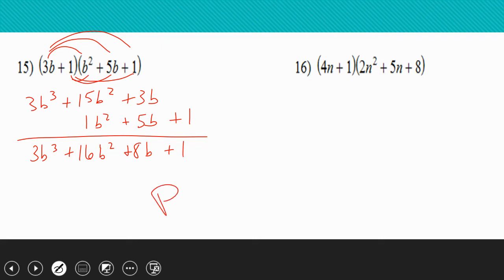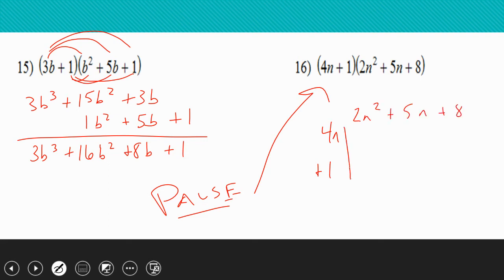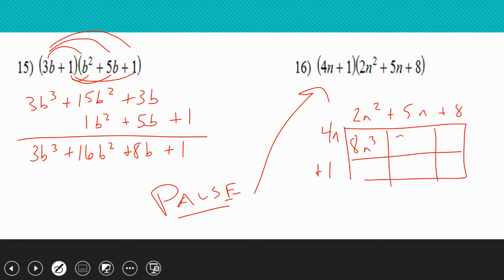Okay, so again, pause and do this one. Divide it up. 8n to the third, 20n squared, 32n, 2n squared, 5n, 8.